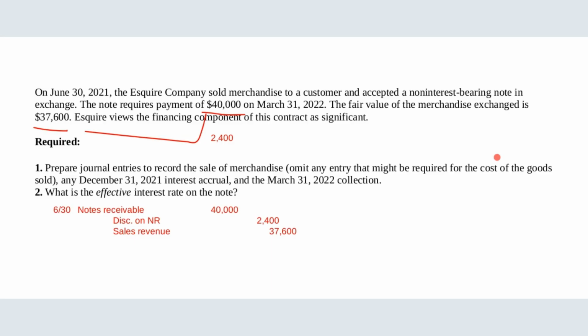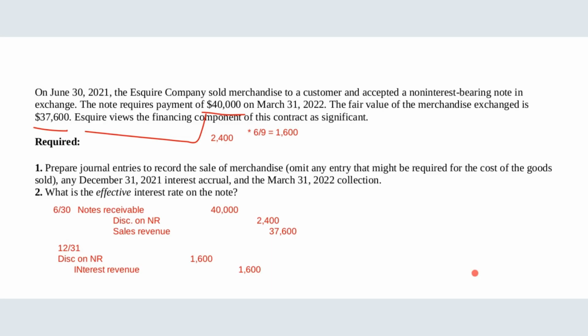So 2,400 multiplied by 6 divided by 9 is 1,600. So when it comes to December 31st, we're going to debit the discount on note receivable for 1,600 and then credit the interest revenue for 1,600.